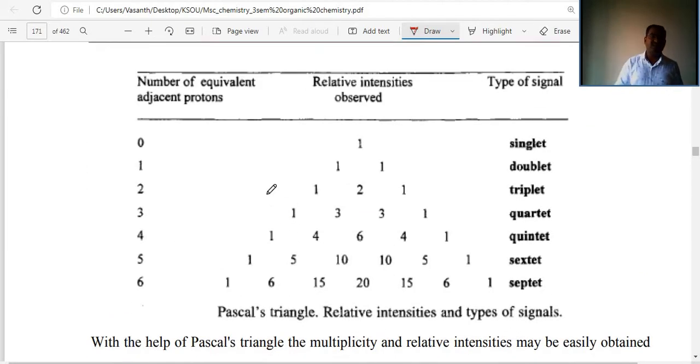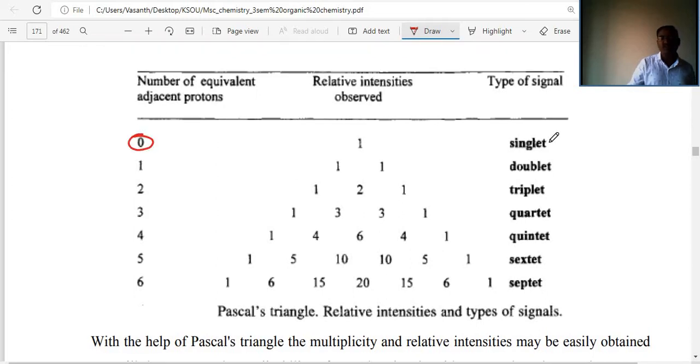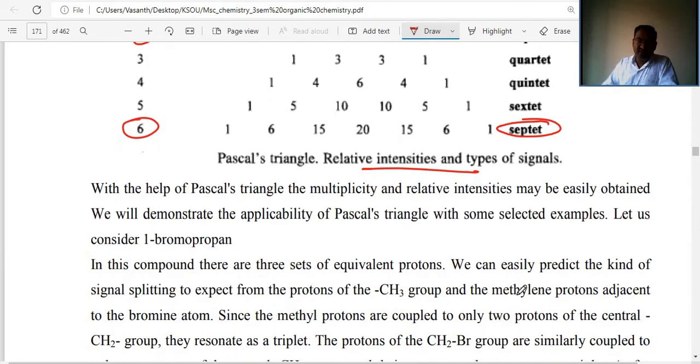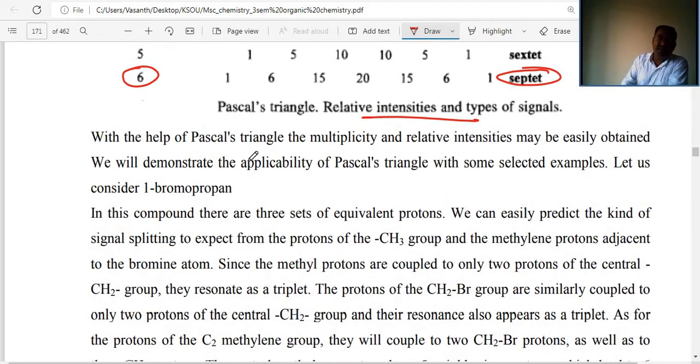This is Pascal's triangle. If the number of equivalent adjacent protons is 0, it is a singlet; if 1, a doublet; if 2, a triplet, etc. For 6, we get a septet. This is Pascal's triangle with relative intensities and types of signals. With the help of these, the multiplicity and the relative intensities may be easily obtained.